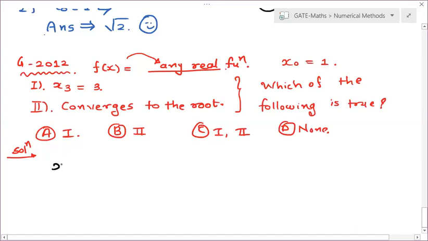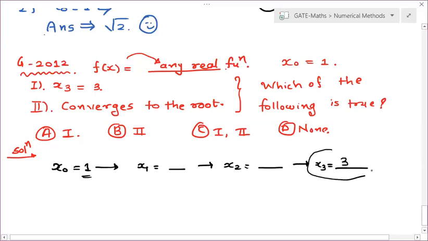So if x0 is equal to 1, if I use any iteration formula, I will get x1 something, after that x2 something, and after that x3 something, isn't it? So if I begin from 1, based on that function, can I move towards 3? Can x3 be 3? Just analyze statement 1 first.